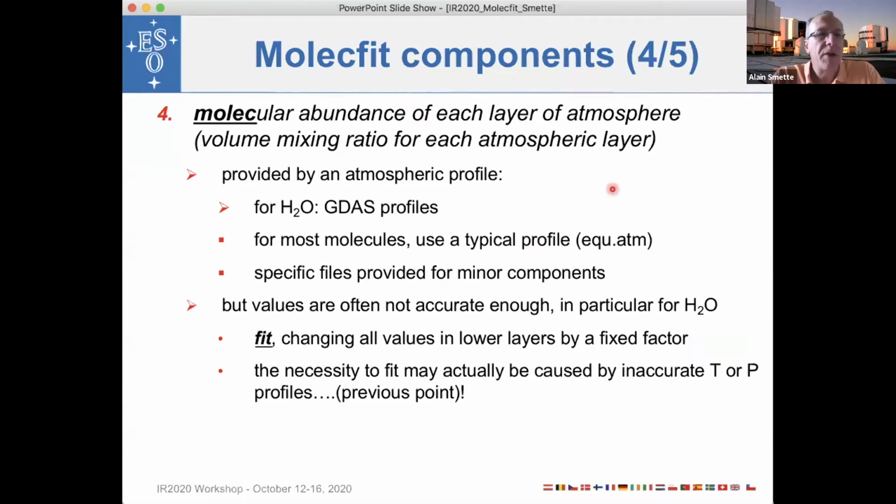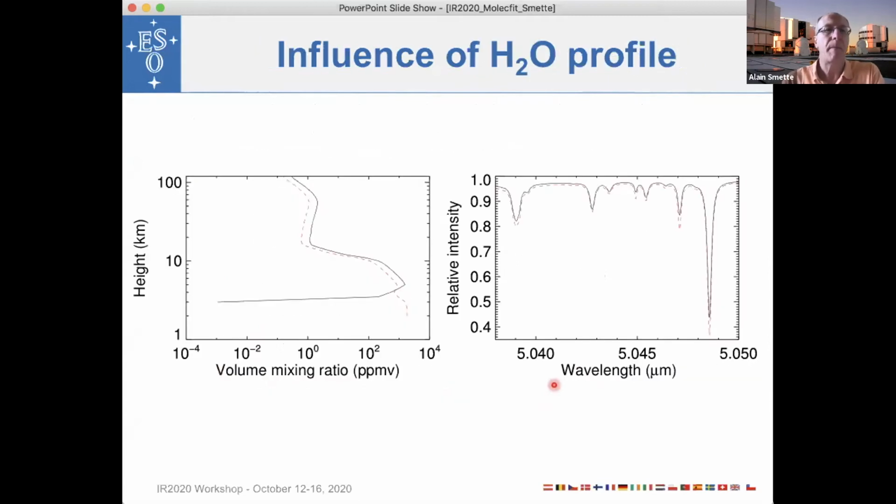But usually these values are not accurate enough, and what Molecfit does is to change the values for all the layers by a fixed factor. The reason for this fit is sometimes not really clear. Actually, it may be caused by inaccurate values of the temperature or pressure profiles.